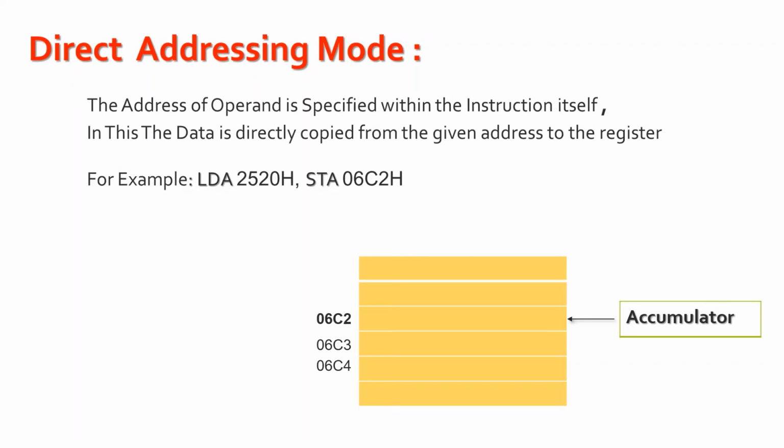H is hexadecimal. Another command is STA 06C2H. That means store the contents of the accumulator at memory location 06C2H. So this is about direct addressing mode.